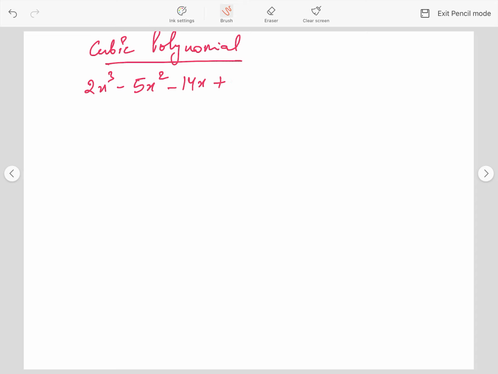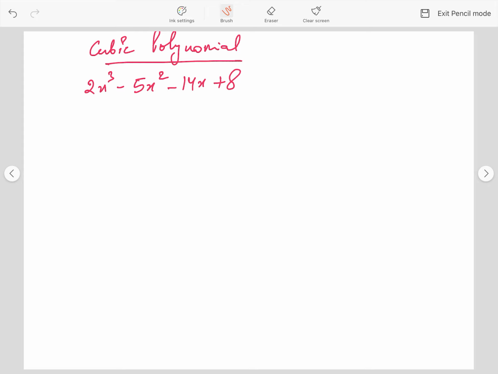Okay, so now we will find out the same for a cubic polynomial. So let us take an example for a cubic polynomial: 2x cube minus 5x square minus 14x plus 8.